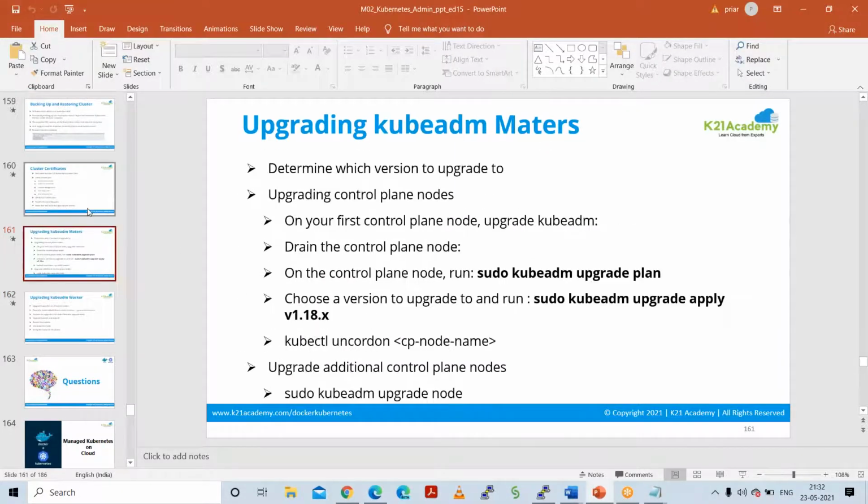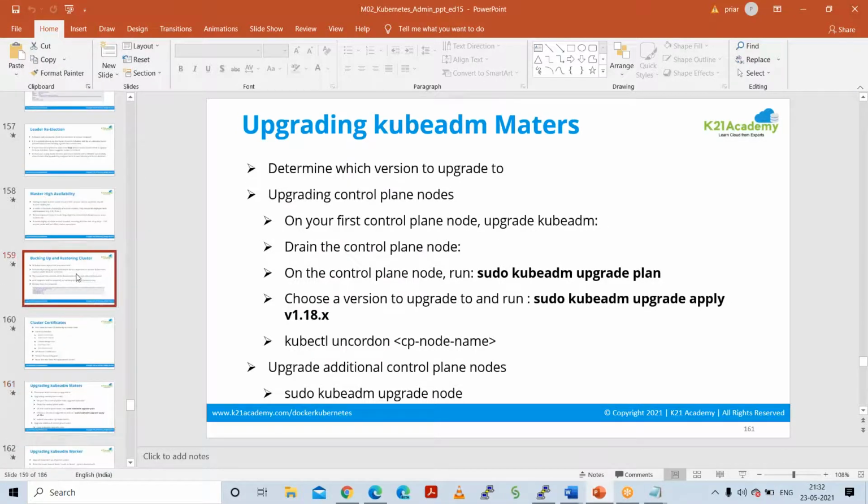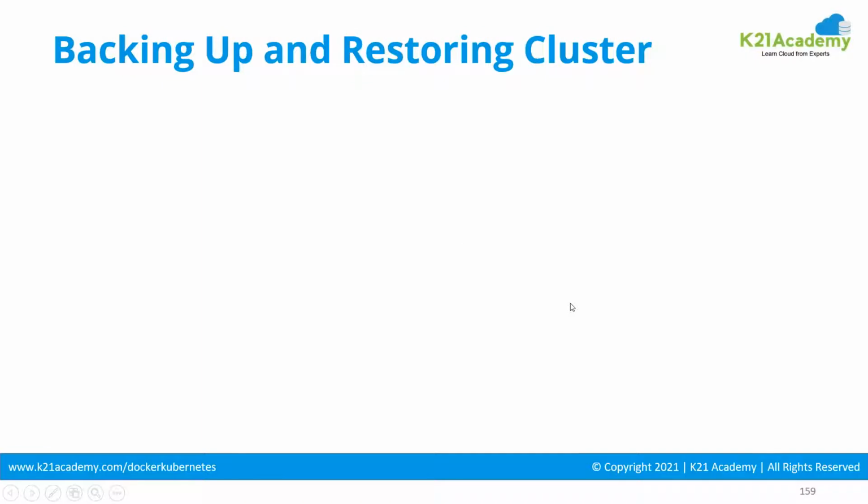Okay, so what exactly are we going to do? First of all, we'll discuss how to back up and restore your cluster. This is very important, guys. As I told you, we were discussing the high availability cluster.